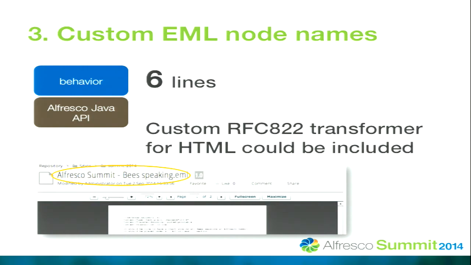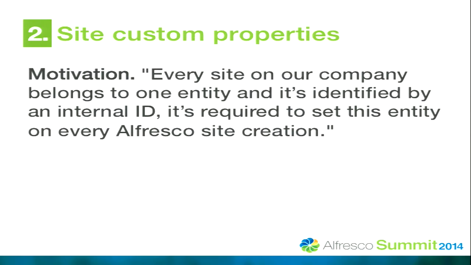So we can try doing a PDF transformation or something like this, extending the default transformer. 6 lines. I can't hear any wow, but it's nice. We are developing 10 new functionalities in 20 minutes, so I think it's very good.